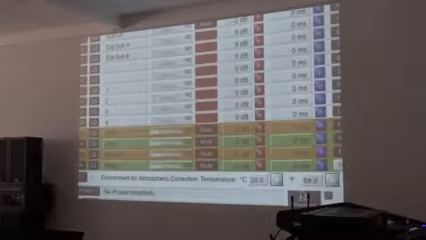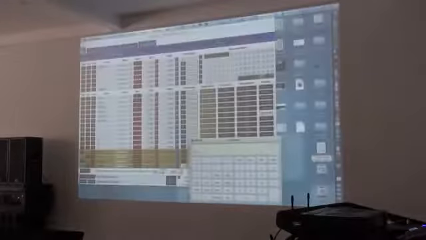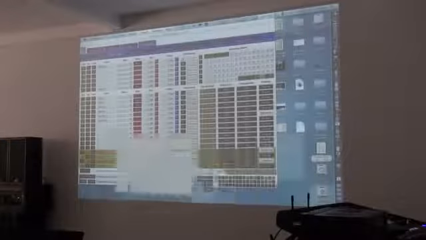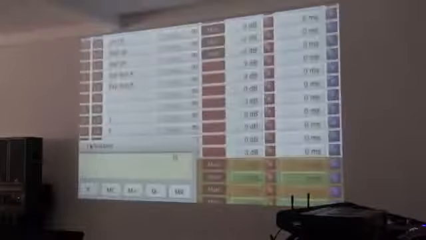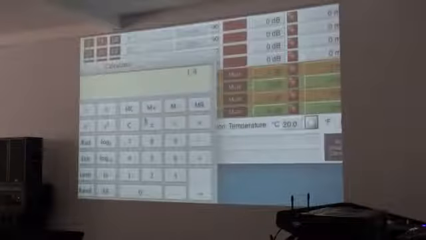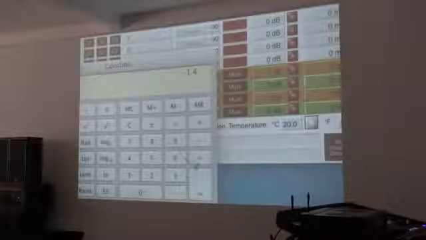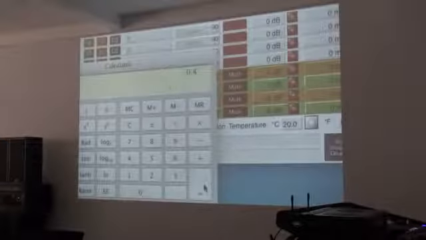Let me open the calculator. John is 1.4 with a negative symbol. Paul is 1, and because he's positive, we add 1.